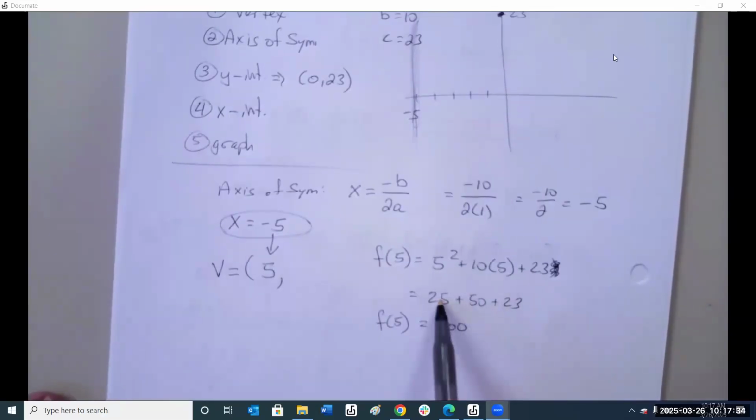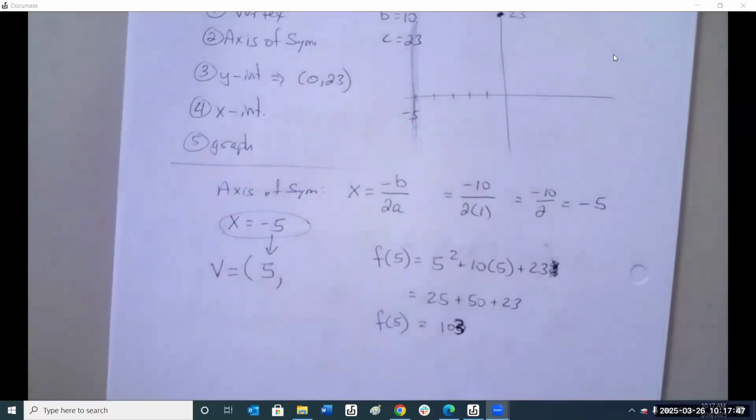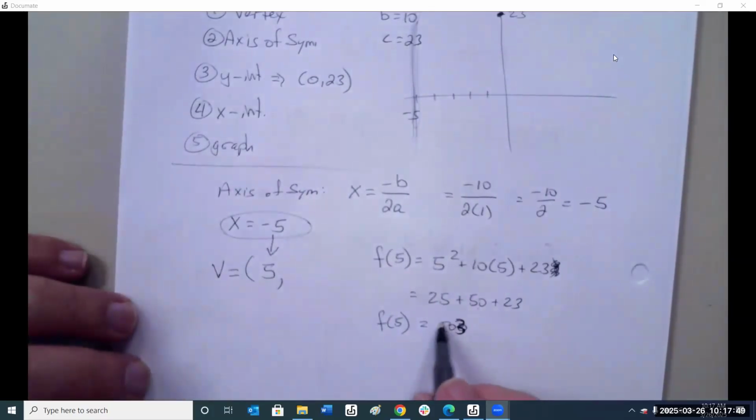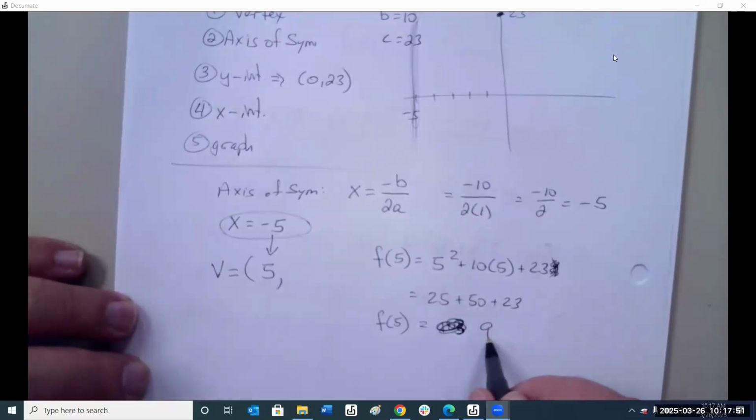So -5 squared is 25. 10 times 5 is 50, plus 23. Well, that's more than, it's 108. No. 103. Oh, it's 98. 98.